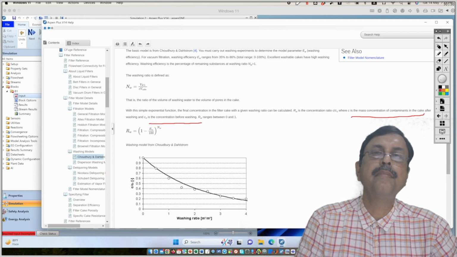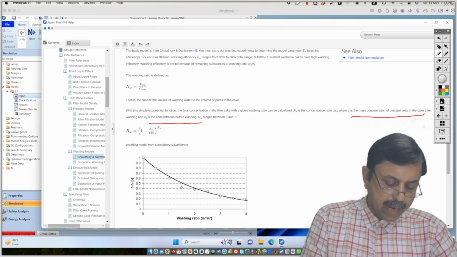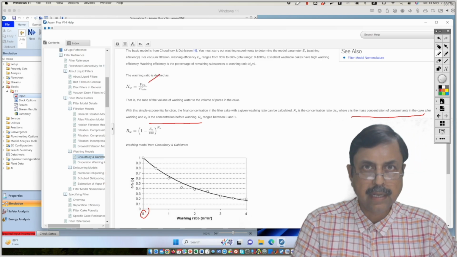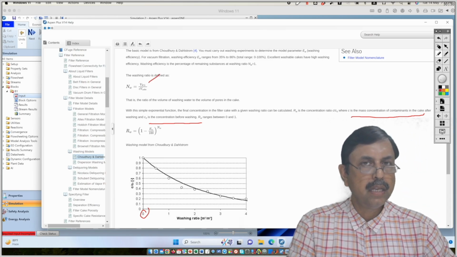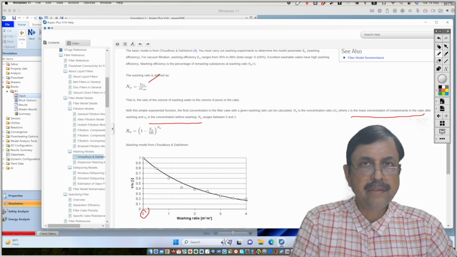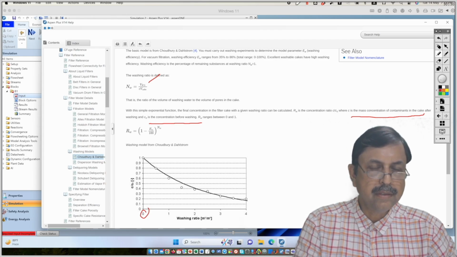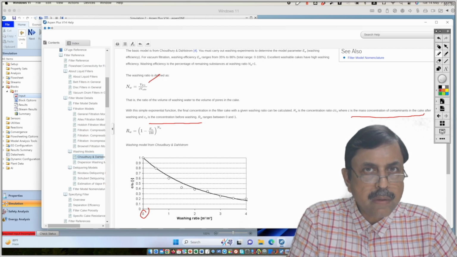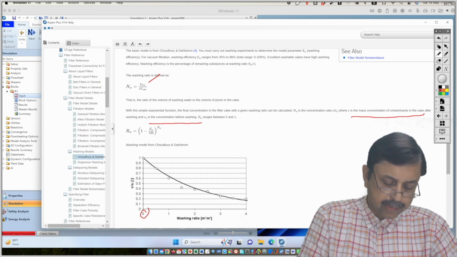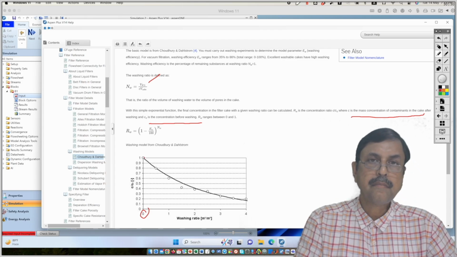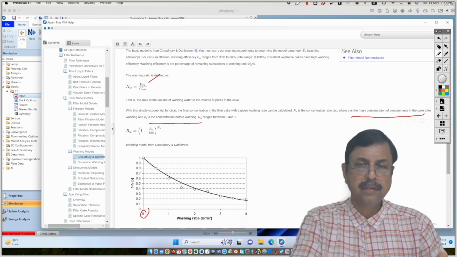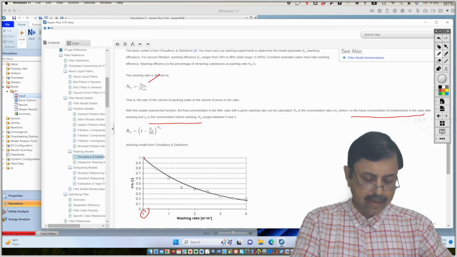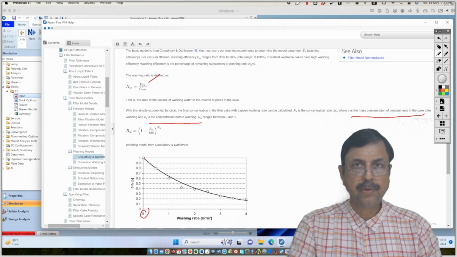Now suppose washing ratio is 0. That means there is no VWL. If there is no washing liquid, then NW will be 0. And if NW will be 0, then what will be C? C will be equal to C naught because there will be no washing at all. So C by C naught is 1. And as you increase the VWL, the ratio becomes more and more.